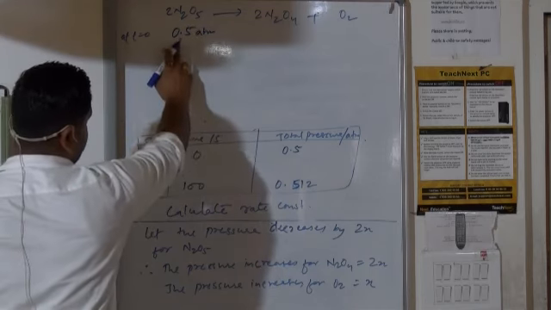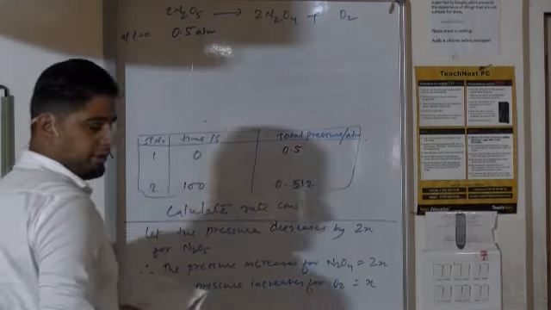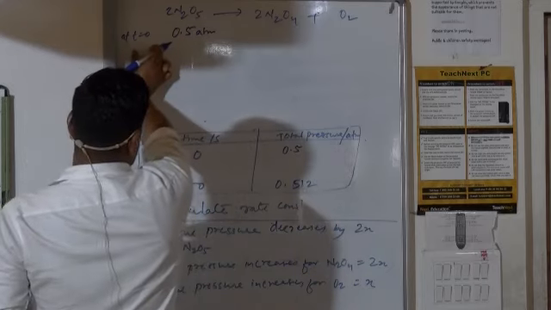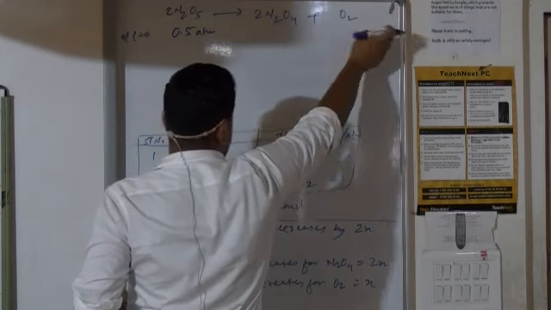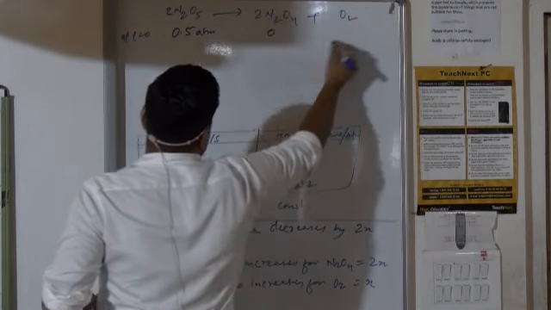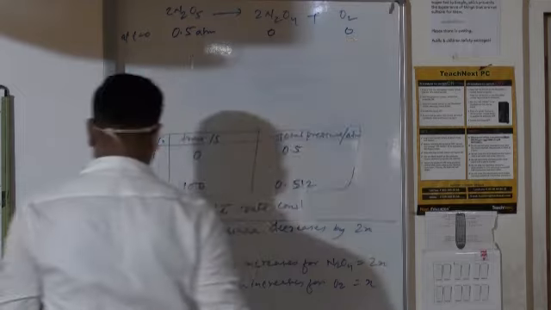At T equals 0, the pressure is 0.5 atm. Yes or no? Similarly, at T equals 0, the reaction has just started, so there is no formation of N2O4 and O2. So the pressure will be 0 and 0.